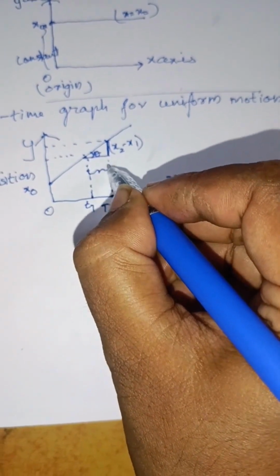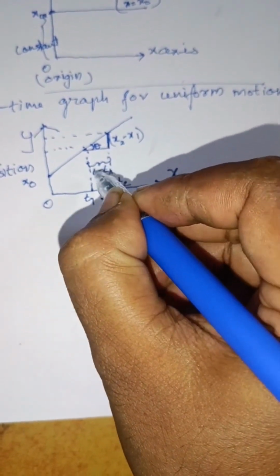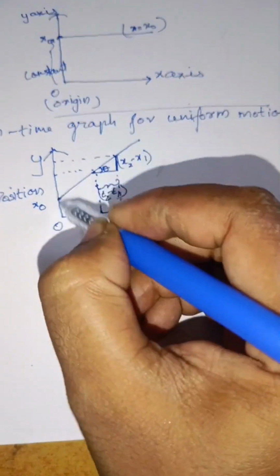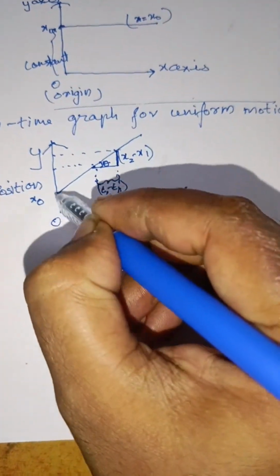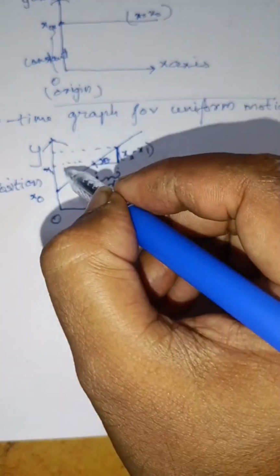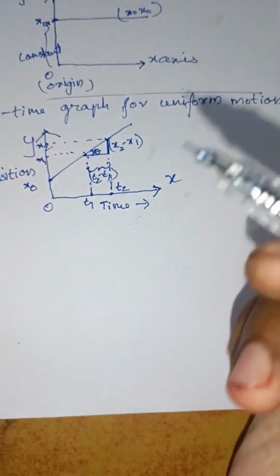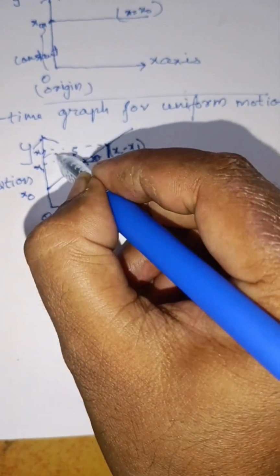So the difference between these two points is t2 minus t1. Similarly, for this x point: since it is closer to the origin, it is x1, and next to x1 is x2, so the difference is x2 minus x1.